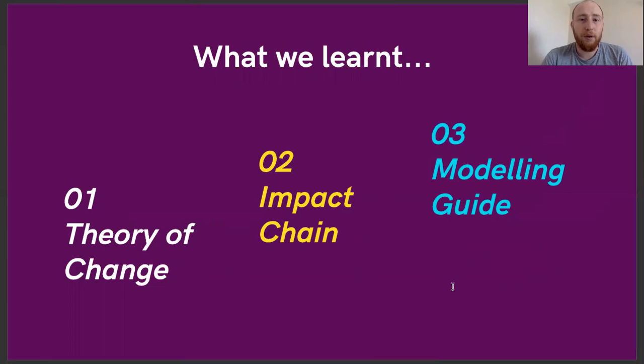And we also talked about impact chain as a parallel model which goes along with theory of change, or which comes out of theory of change, but I'm not sure. And also we talked about modeling impact chain in your own organization, which questions you should ask yourself, and what can be a good help to you to develop an impact model.